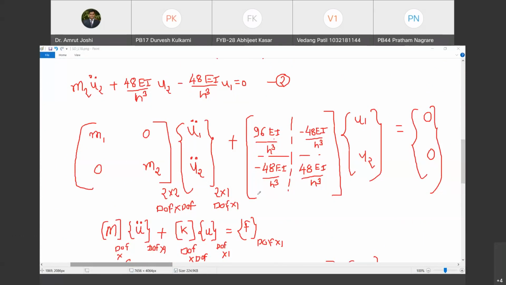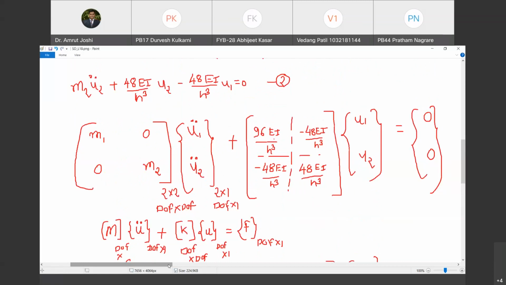Once you know u1 and u2, you will be able to estimate u1 double dot and u2 double dot. We saw what will be the size of these m, k and f matrices.